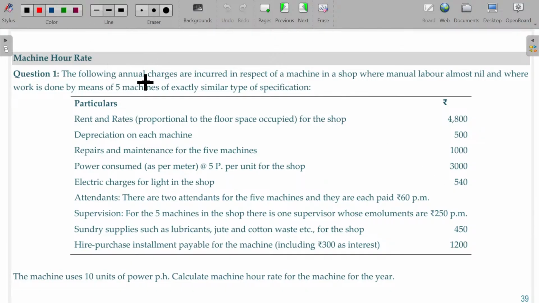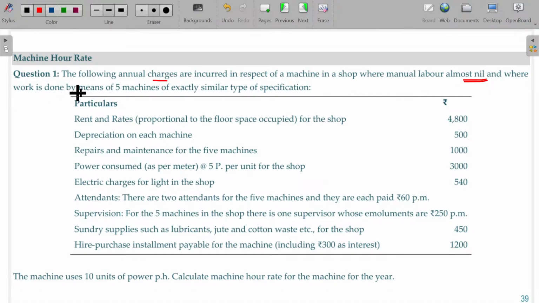Now, the following annual charges are incurred in respect of a machine in a shop where manual labor is almost nil. So the department has no manual labor, completely we have machines only. As we have only the machines, remember, overhead recovery rate will be taken keeping the machine hour as the base. That's logically correct.